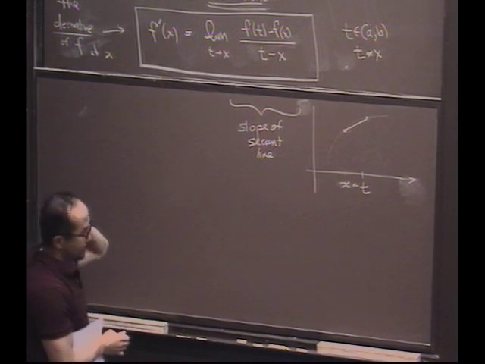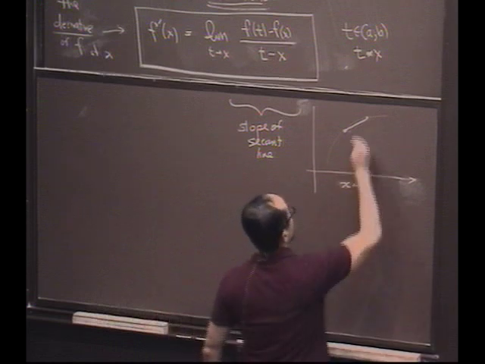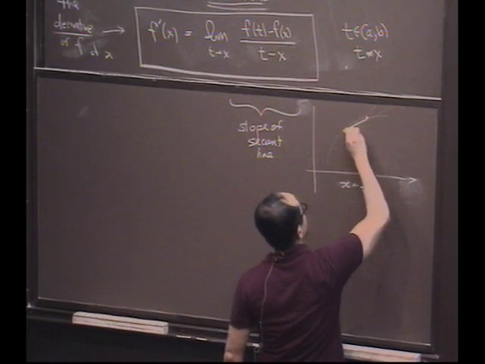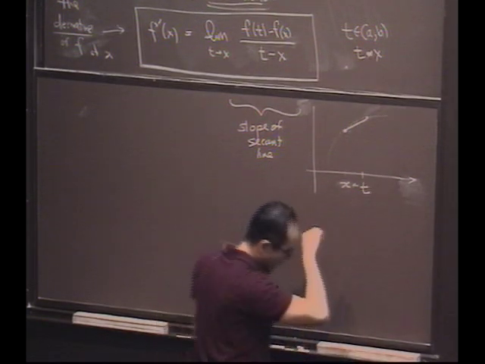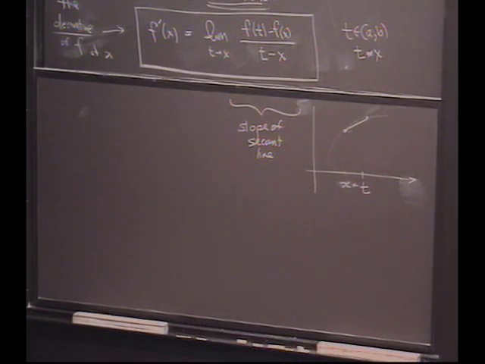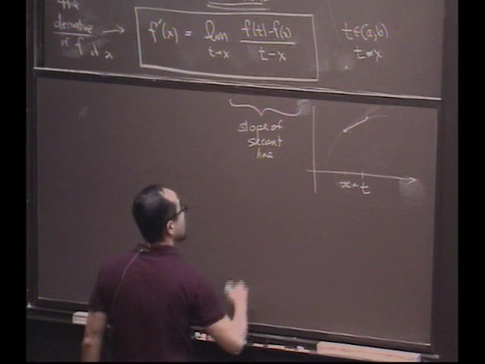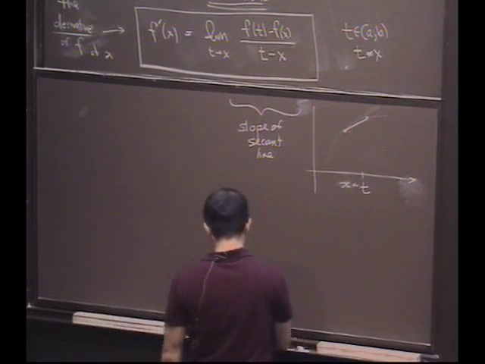So this particular expression is the slope of a secant line, and we're now taking the limit of the slopes of these lines. If that limit exists, then as I let t get closer, the slopes of these lines seem to converge, at least in this particular picture. So the limit is, in some sense, the instantaneous slope.